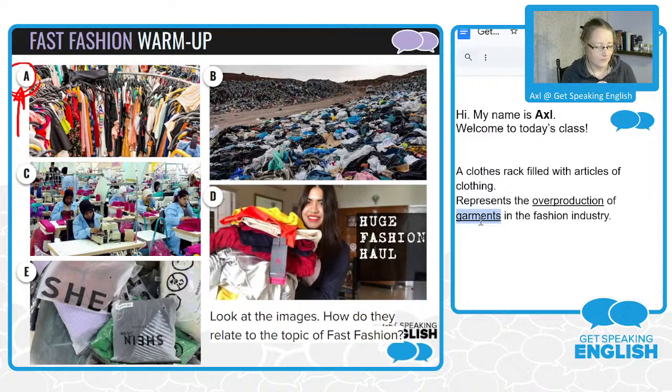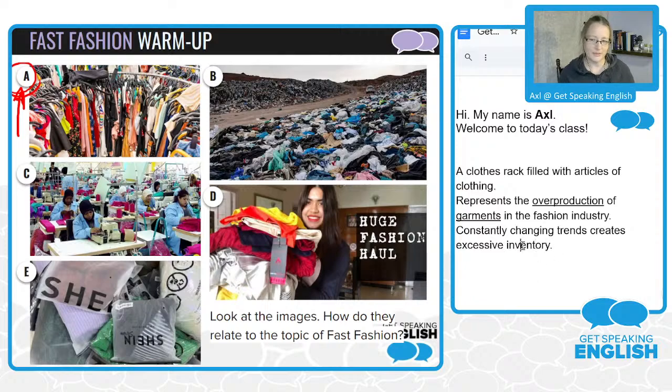Let me know too if you have some ideas. I would think too that trends are always changing, which creates excessive inventory. So constantly changing trends create maybe excessive inventory.